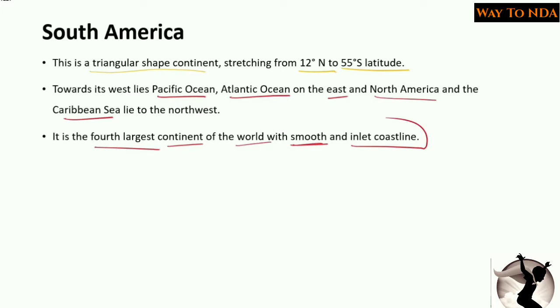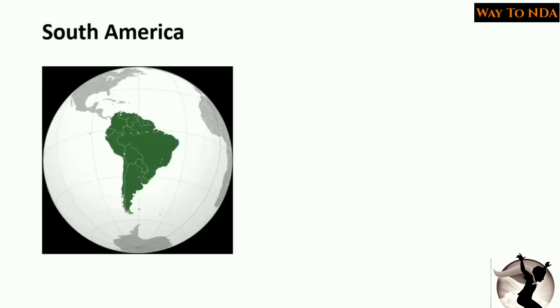So here is the South American continent. You can see the position of the South American continent on the globe. Here you will find the South Pacific and this is the South Atlantic.